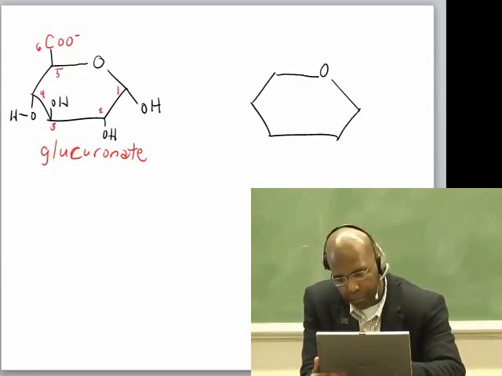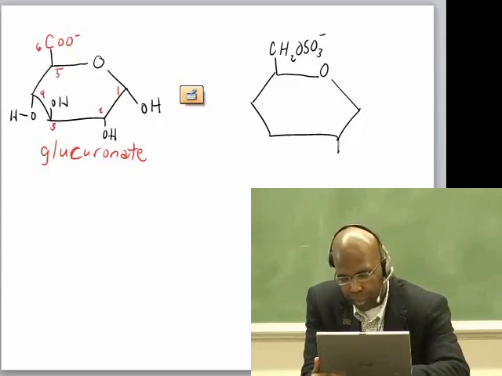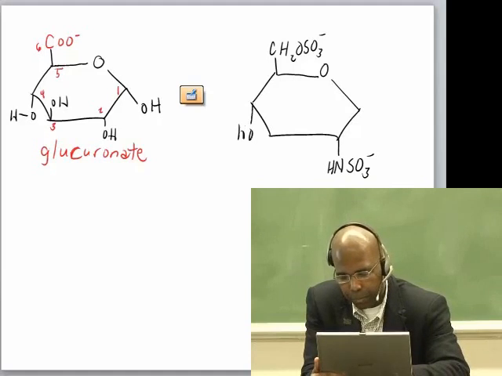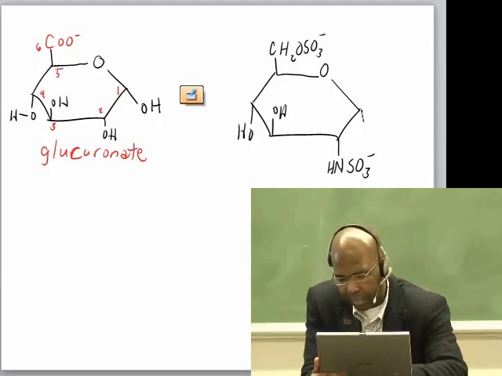And so up top, we're going to make a sulfate on carbon 6. And on carbon 2, since it's an amino sugar, we have an amine with a sulfo group, SO3 minus. And the rest of it is just glucose. We'll make this alpha, it doesn't matter.